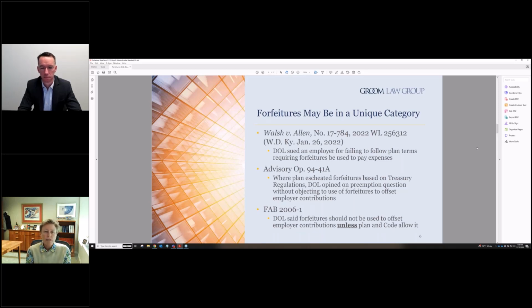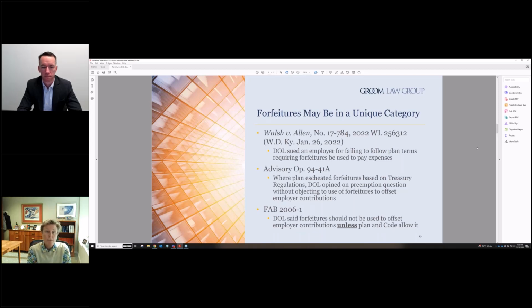The only two other pieces of guidance that are a little bit relevant is an old advisory opinion where the question really was about preemption. What does ERISA preempt? And does it preempt if a plan escheats money to the state? And there DOL gave an answer on the preemption question, but part of the question had to do with forfeitures. What if we have forfeitures, we can't find the person?